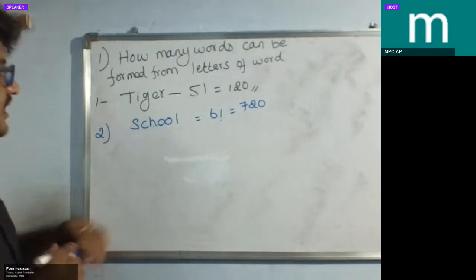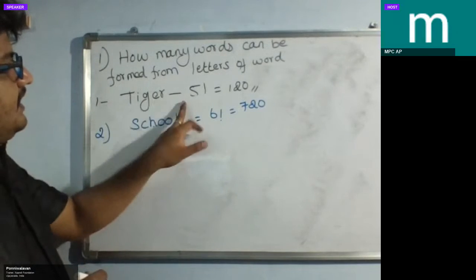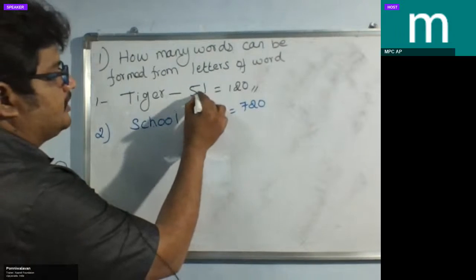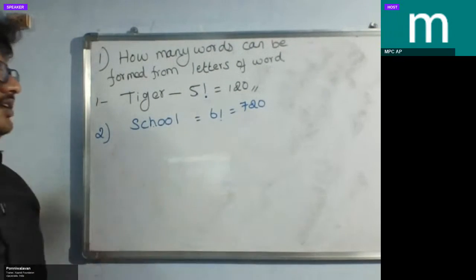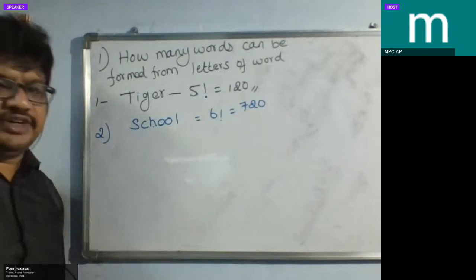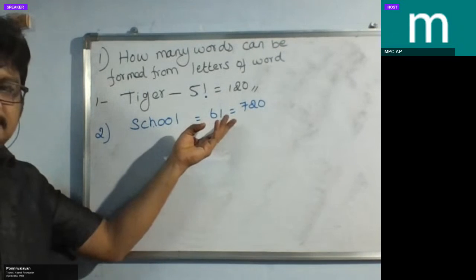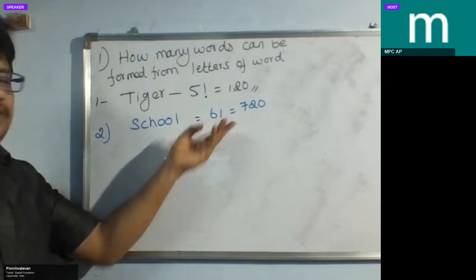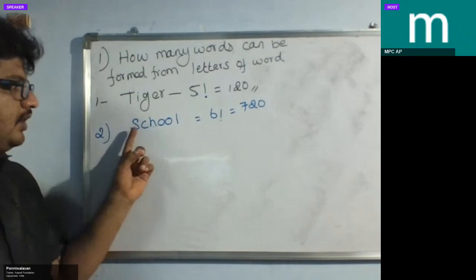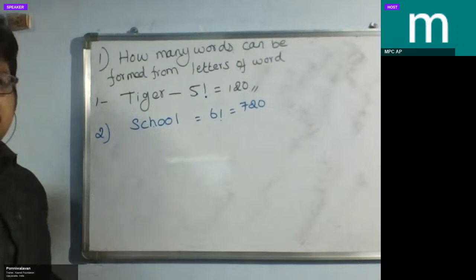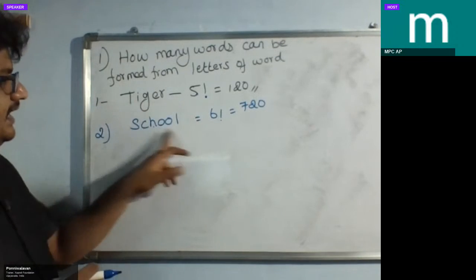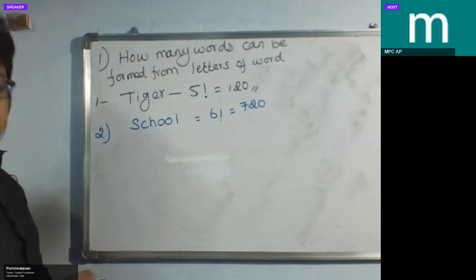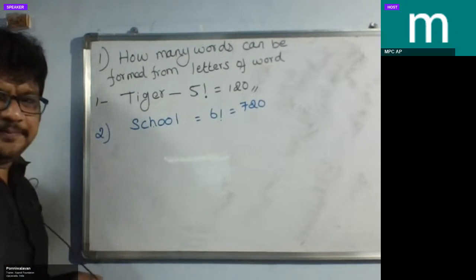Here it is 5 letters, 5 factorial, so it is 120. Here 6 letters are 6 factorial. It is 720, right? But is this 6 letter and this 5 letter the same category?